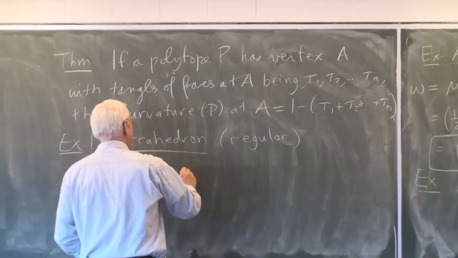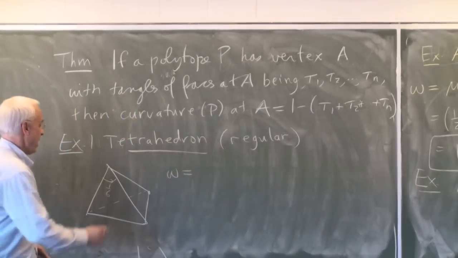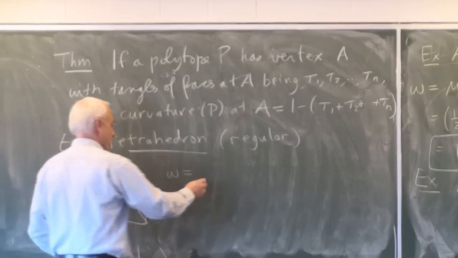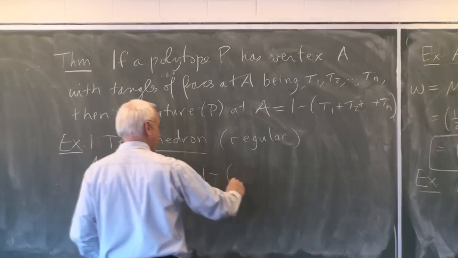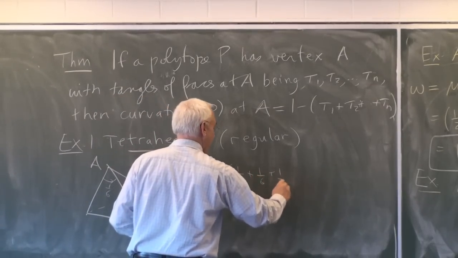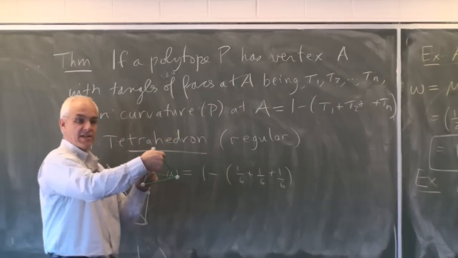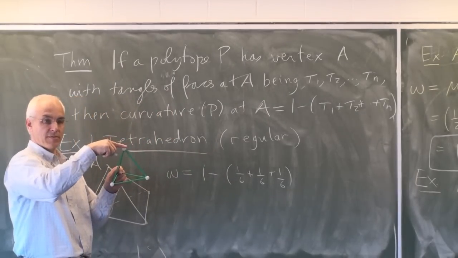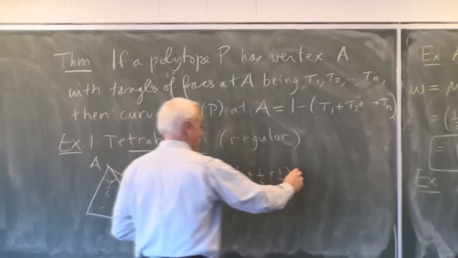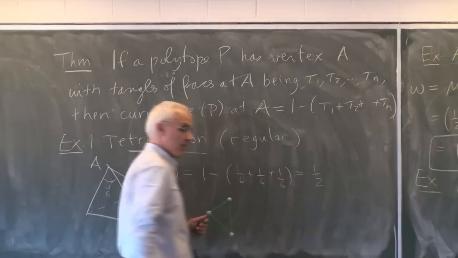So the curvature at the vertex A is 1 minus 1/6 plus 1/6 plus 1/6, because there are 3 faces meeting at the vertex. 3 tangles of 1/6 for a total of 1/2.